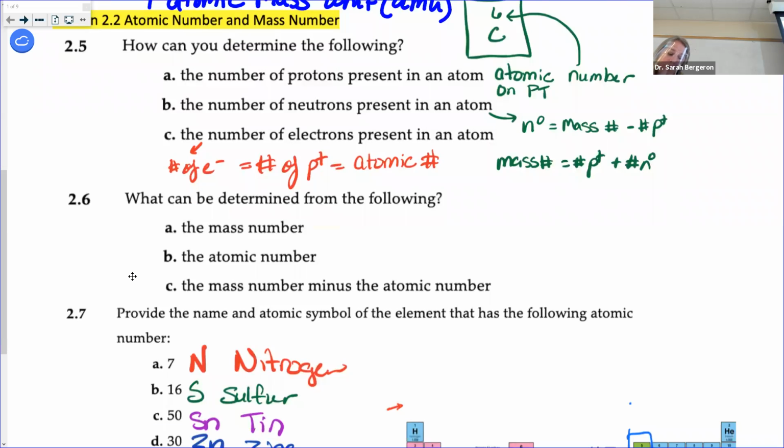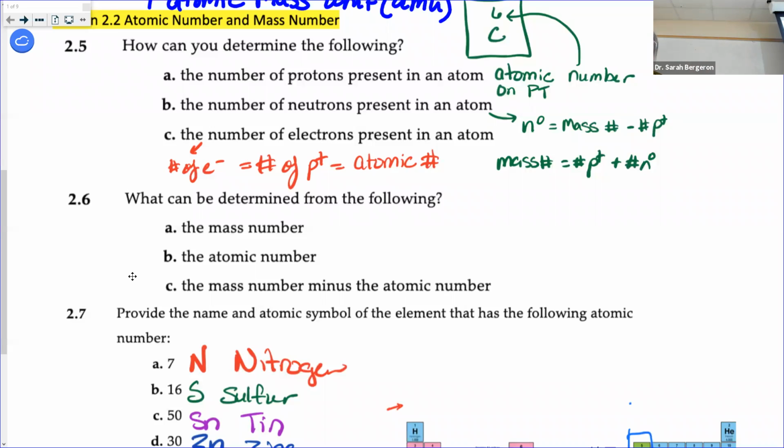Okay, so when we talk about elements, there are certain things that we see on the periodic table. So when we look at any given square, look at carbon, for example, on the board or on your best friend. The little number in the corner here, and I think in the best friend, it's up on top. What is that number?